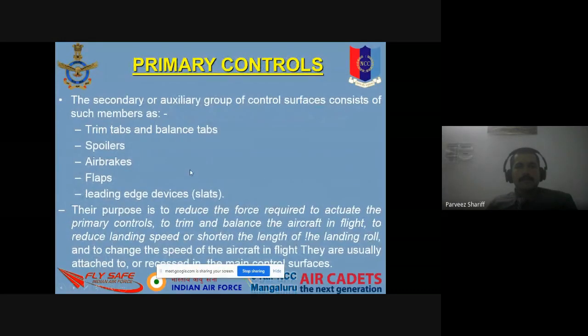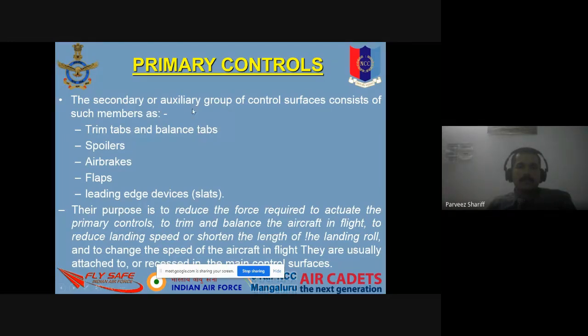Whatever we have studied so far, that is elevators, ailerons, rudder, and throttle, these are called primary controls. Now let us talk about the secondary controls.